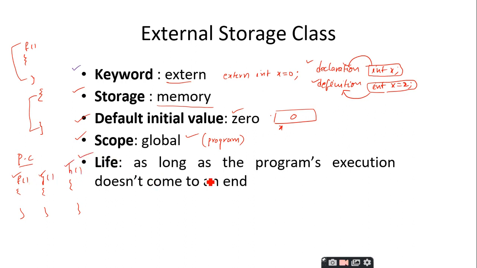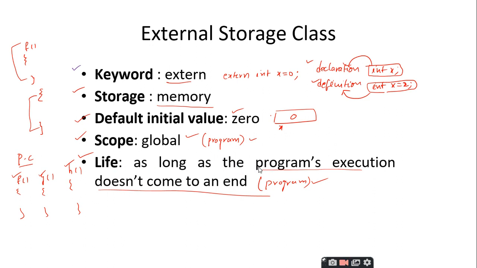Similarly, the life is as long as the program's execution does not come to an end. So if you declare an external variable, that variable will be alive until you complete the execution of the program, not the function. Very important. So keep these 2 points in mind: the scope of the external variables will be throughout the program, and the lifetime is throughout the program.